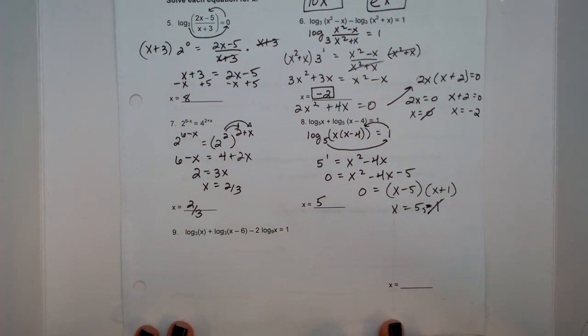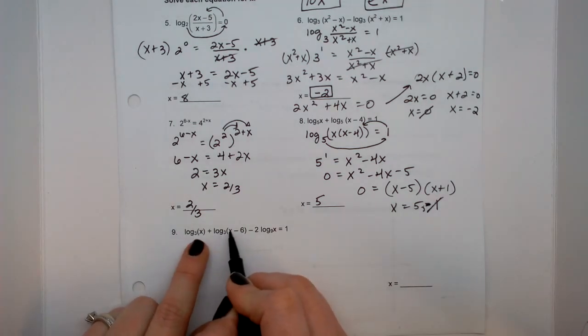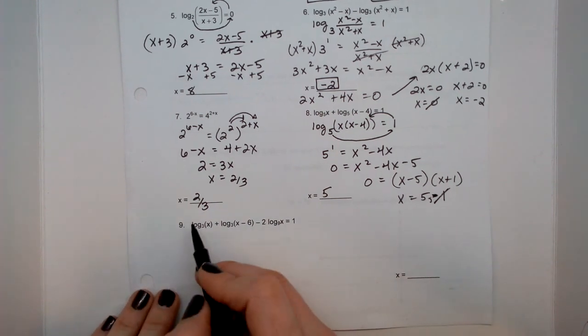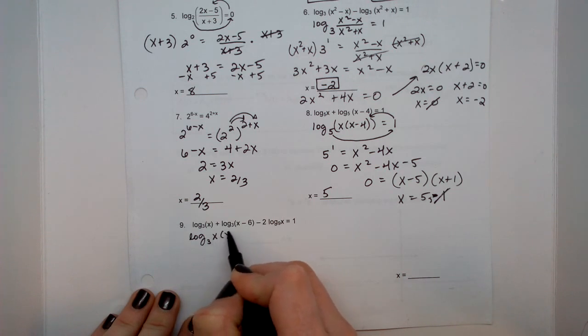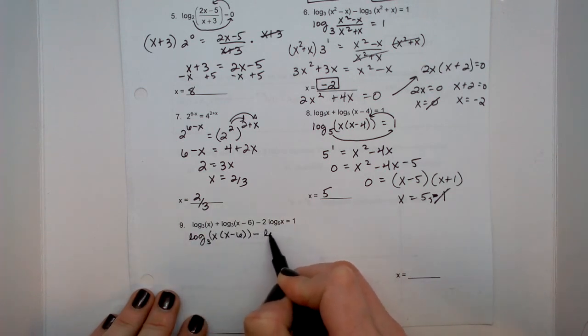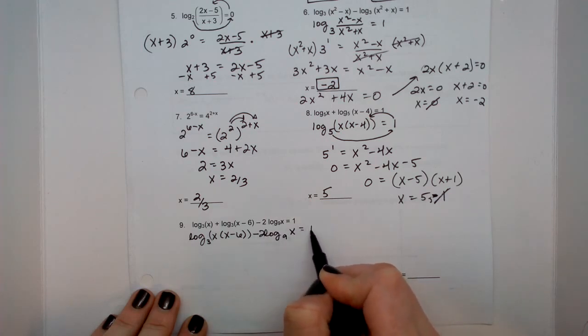Okay, on number 9, we have the same base here, so we can condense, but then I have a base 9 here, so I'm going to have to do a little extra work. So I've got log base 3 of x times x minus 6 minus 2 log base 9 of x.